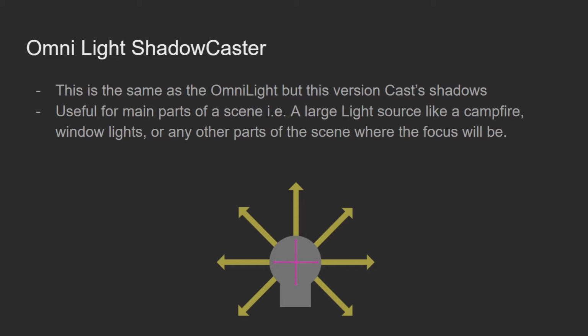You don't want to be using these in a torch, for example, unless that torch is in a very specific area, like a main point, like a desk where there'll be an item for the player to receive, or maybe you'll have a shadowcaster in a skylight or another similar location. They're also really useful for windows because you can cast a really nice window shadow across the scene.